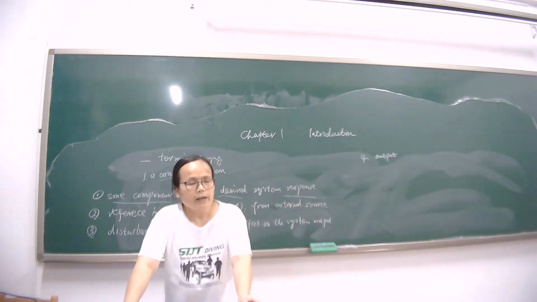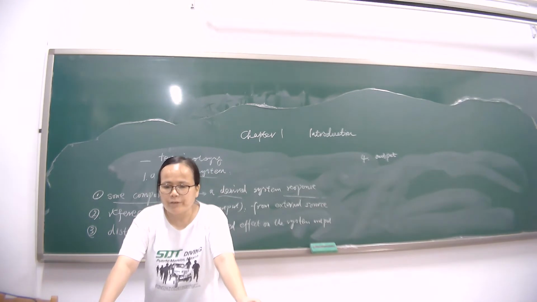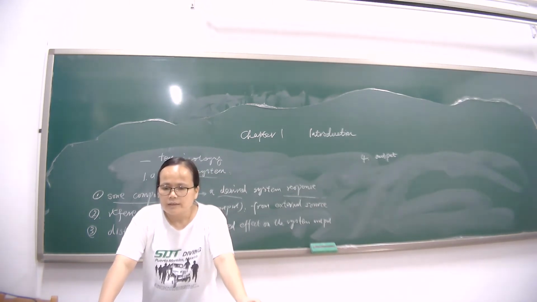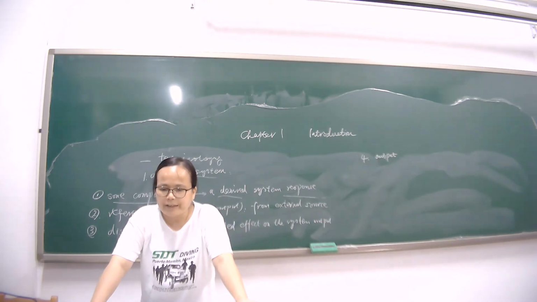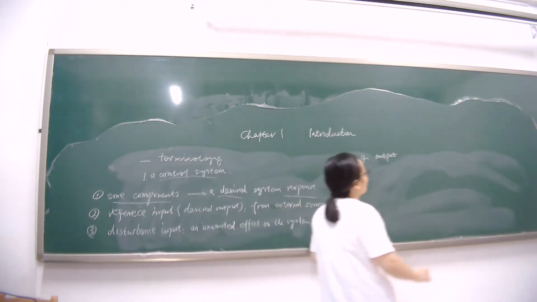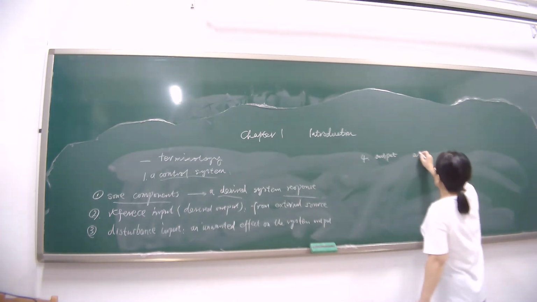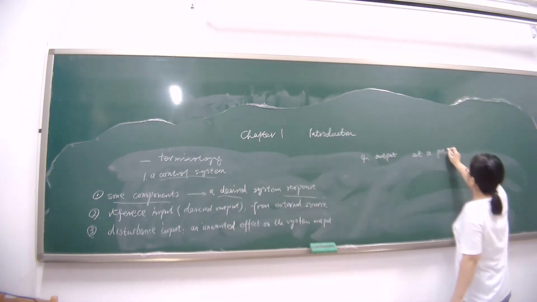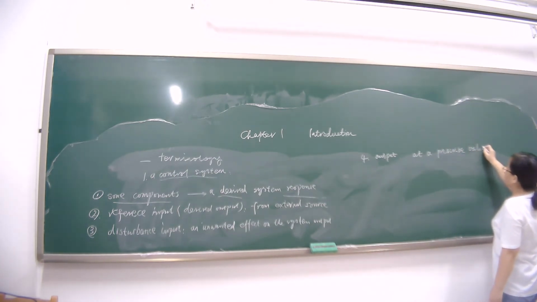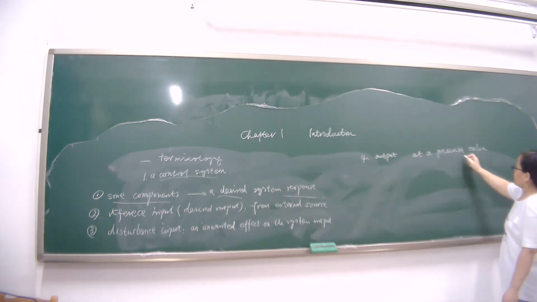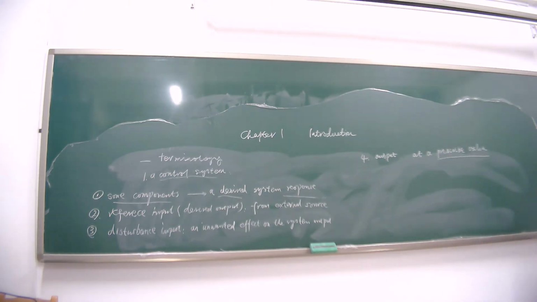This can be a control variable. It is the quantity that must be maintained at a prescribed value, and this prescribed value is what we want.